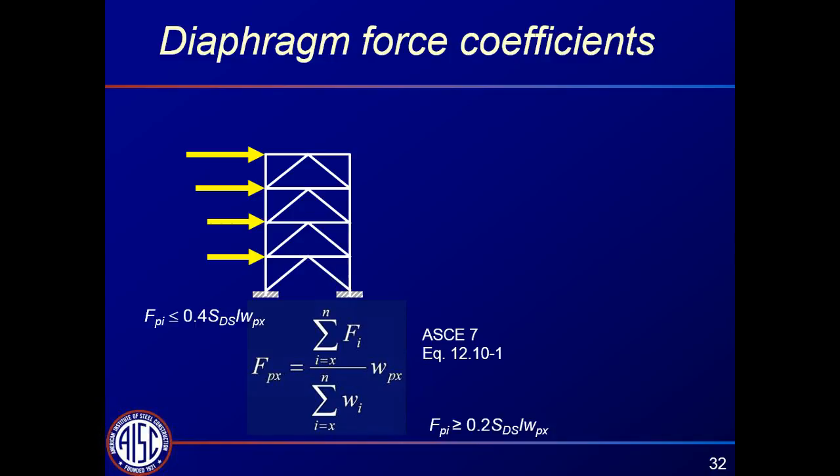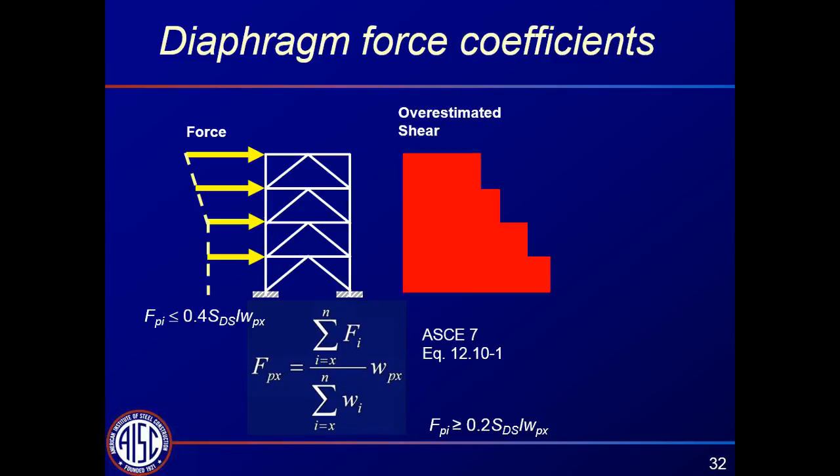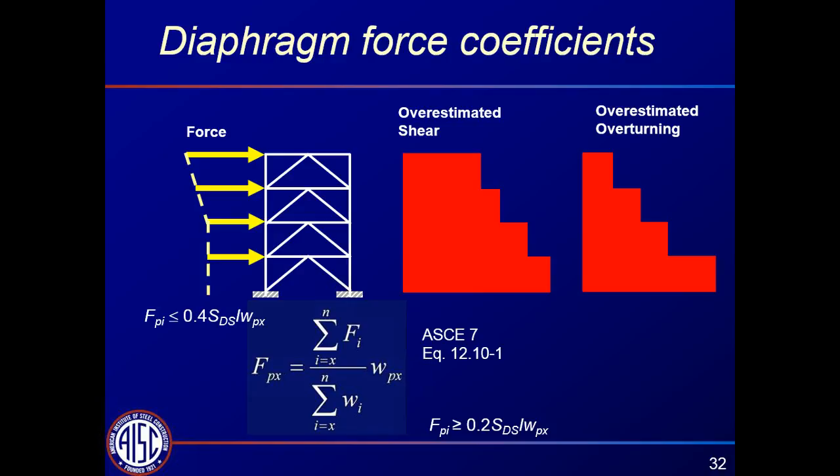And so we get a different set of forces. Those are intended to capture the maximum force that might enter our frame at every level. But if you applied them all at the same time, you would end up with a grossly overestimated shear demand and a grossly overestimated overturning demand. So we don't apply them all at the same point.